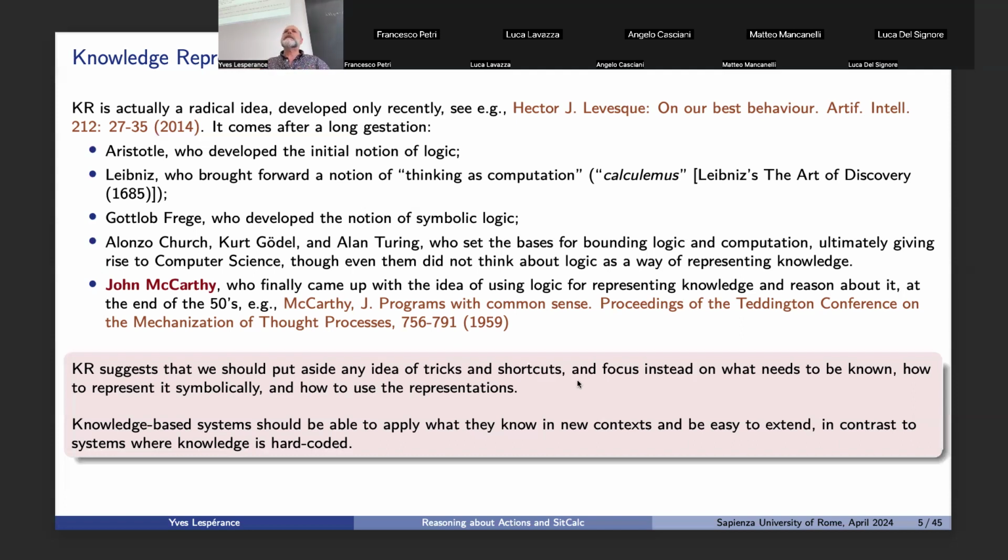And also you can teach them more things simply by writing more sentences that you add to the knowledge base that the system has. So they're easily extensible. This is in contrast to, say, if I want to get my robot to deliver coffee in a hallway where there are different offices, I can just write a C program to do that.